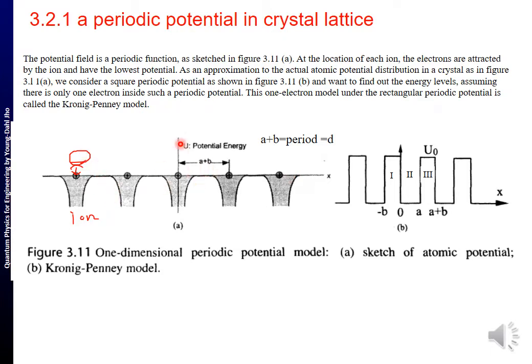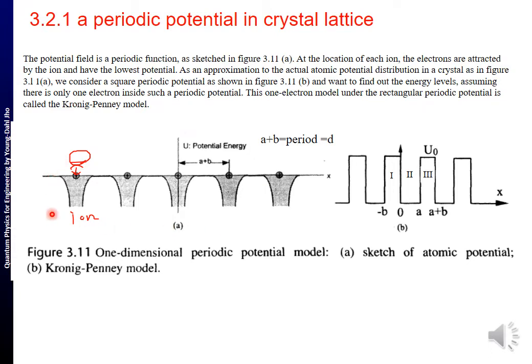So in this figure, the y-axis is the Coulomb potential energy. The x-axis is the position of the electron. The distance between the ions is a plus b. A plus b could be said to be d, and d is something called the lattice constant.